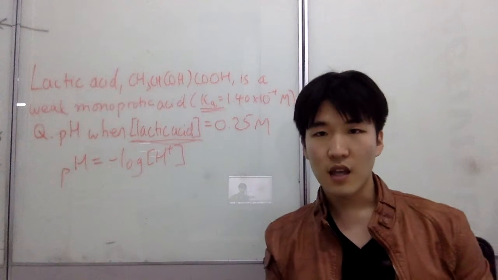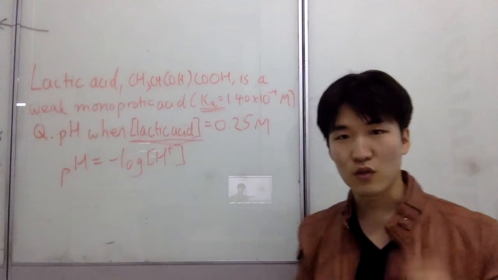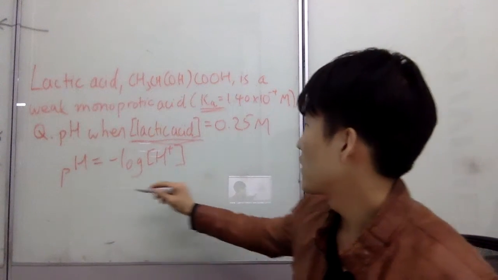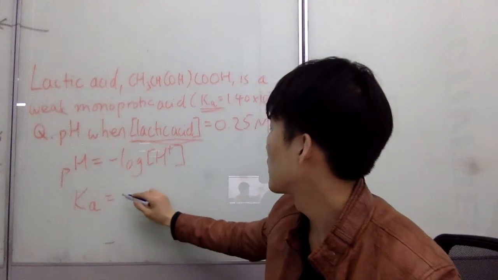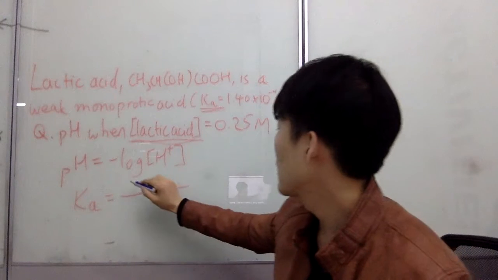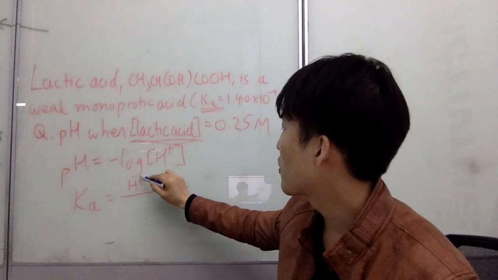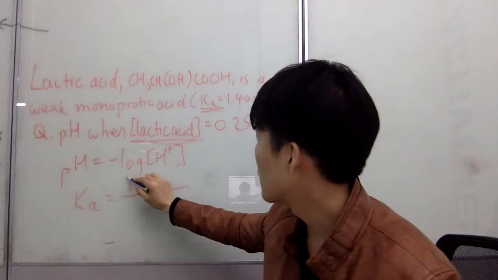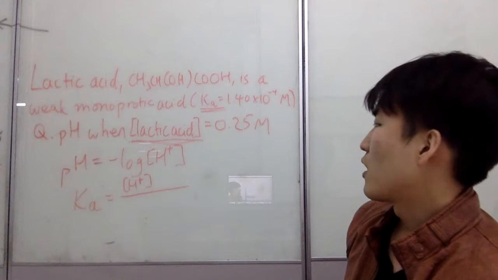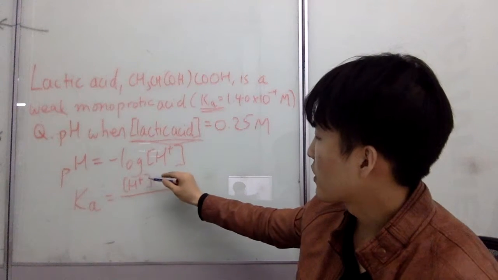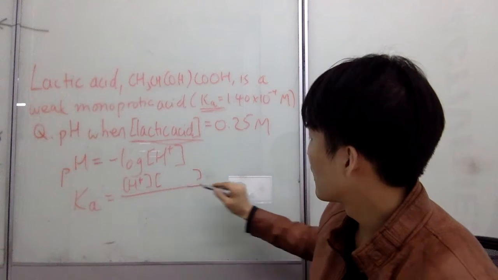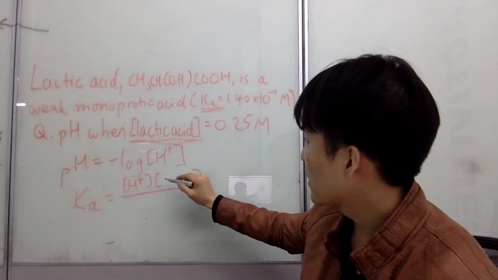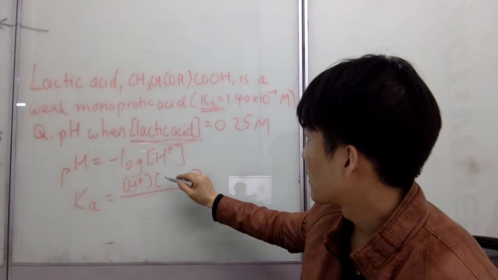What is Ka? Ka has an equation that you should all know, and it's defined as: Ka equals H plus, we're talking about monoprotic, which means we're only going to get one H plus, and then we will get the conjugate base of lactic acid.